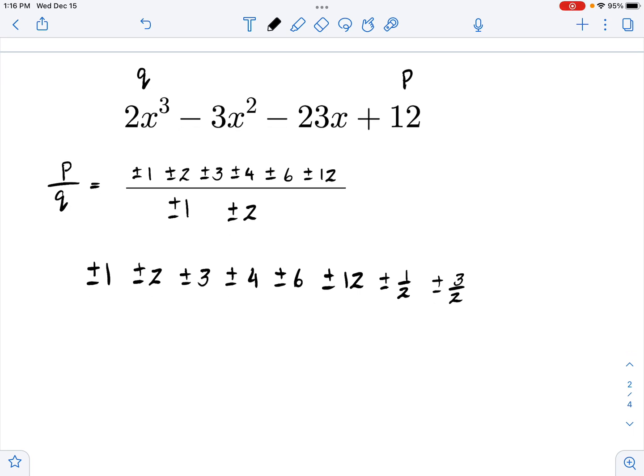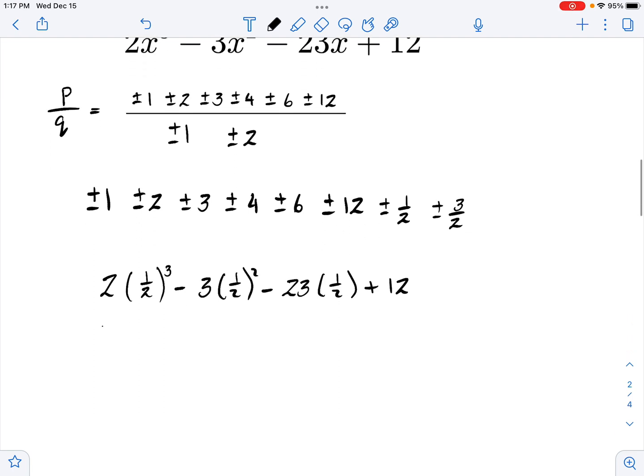I'm going to substitute positive 1/2 into my cubic, 2x cubed, and see if it is indeed a root. If it is a root, my cubic will be equal to 0. So that will be 2 times 1/2 cubed minus 3 times 1/2 squared minus 23 times 1/2 plus 12.